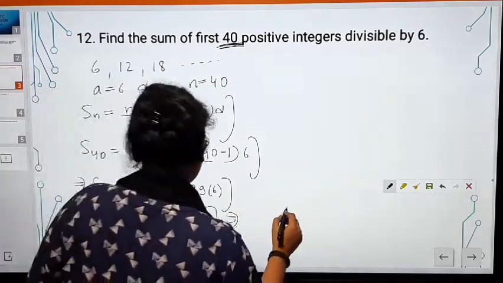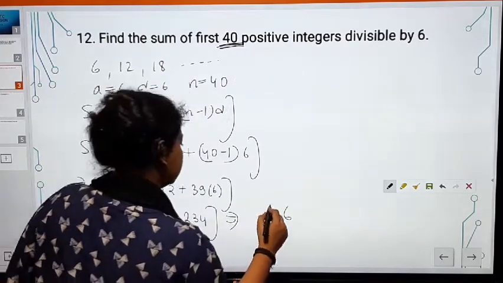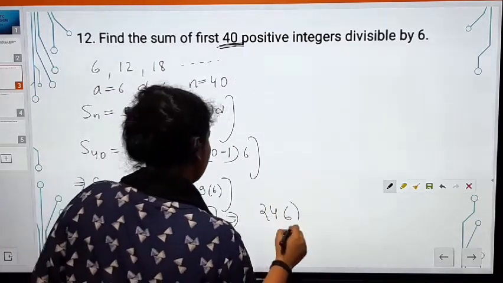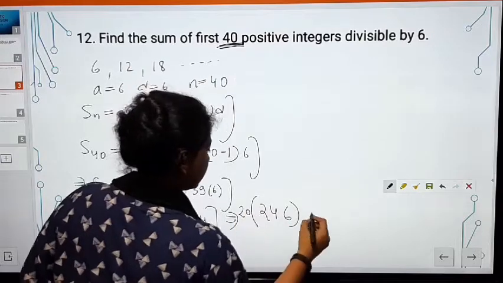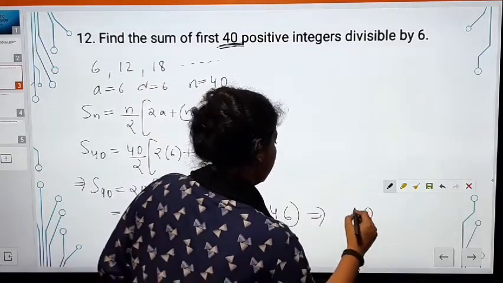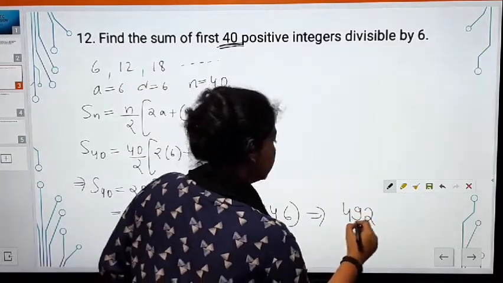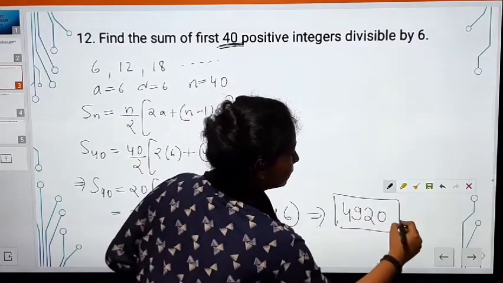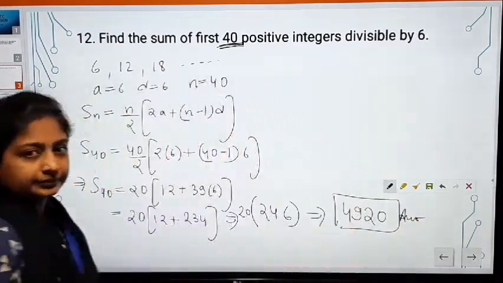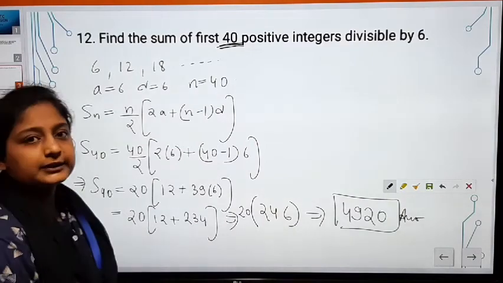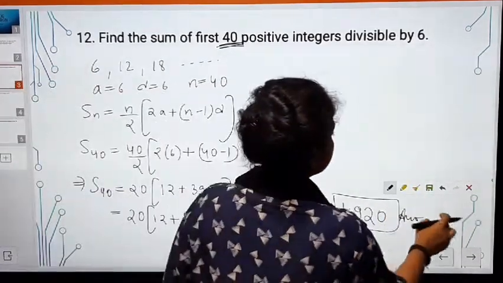This will be 246 into 20. So the answer will be 4920. This will be our answer. This completes our solution for the 12th question.